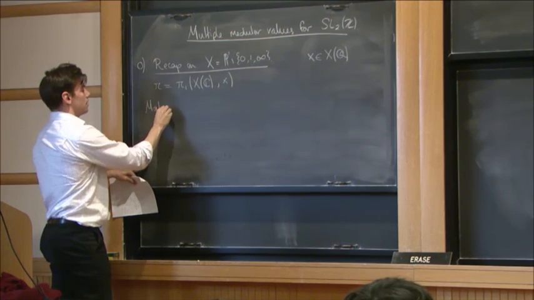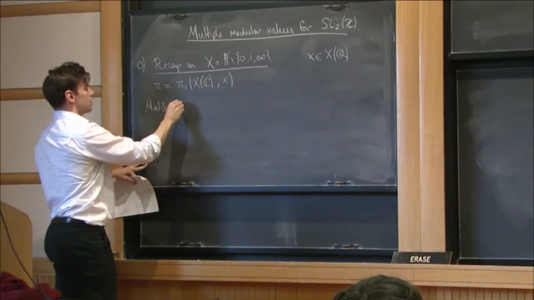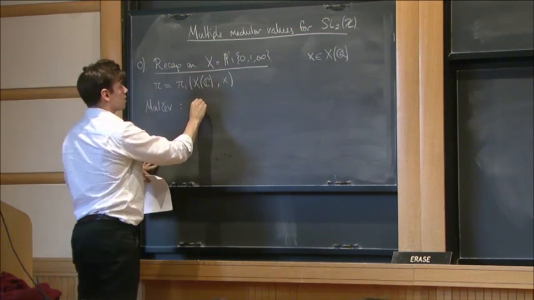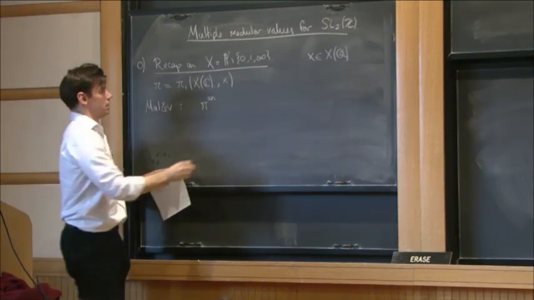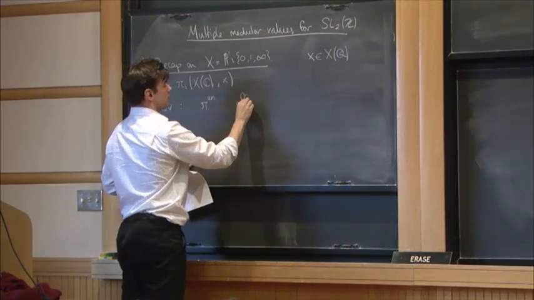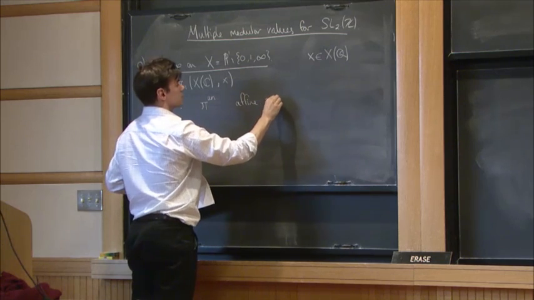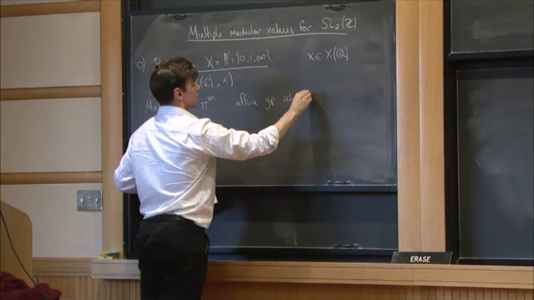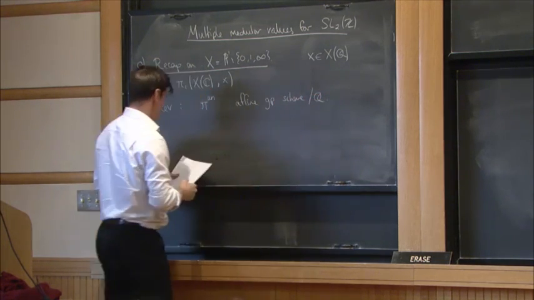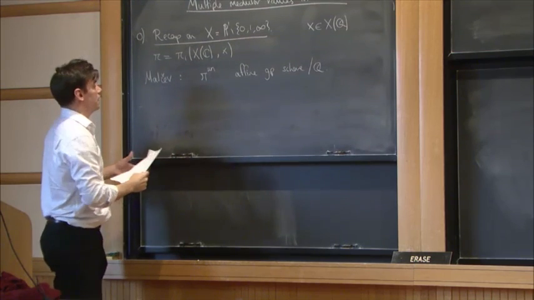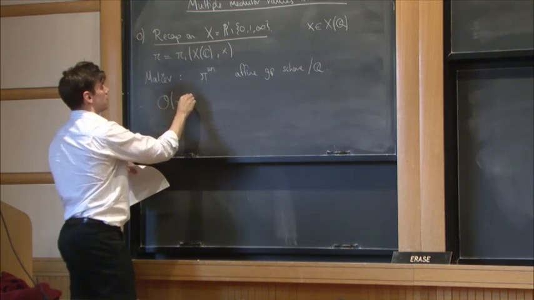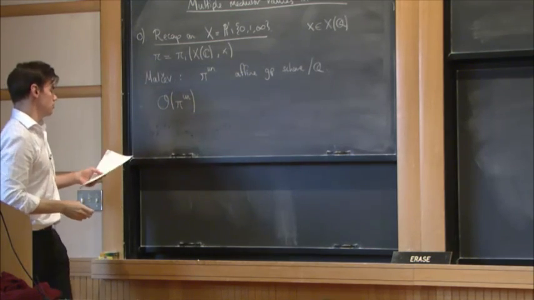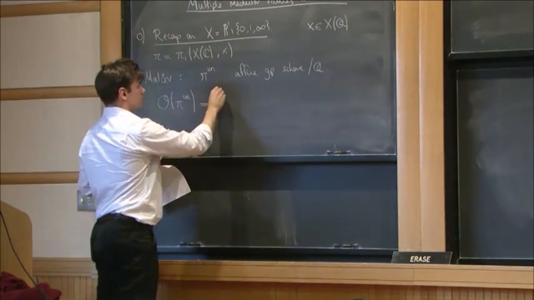And there is the unipotent or Maltsev completion, pi unipotent, which is an affine group scheme over Q, and its affine ring O of pi unipotent is defined as follows.